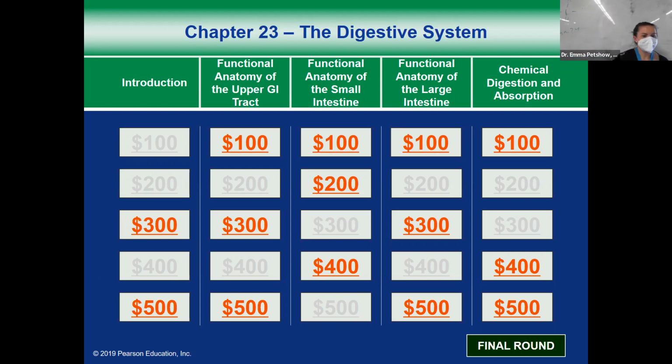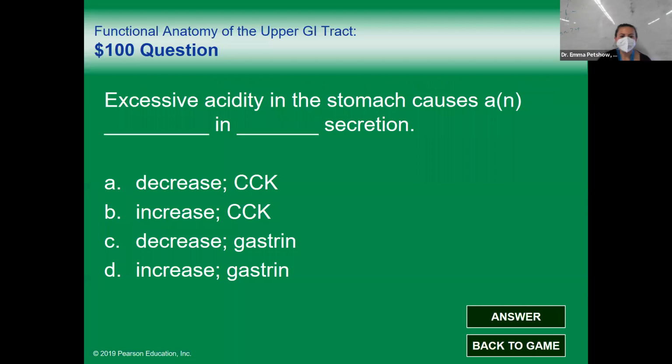Thank you. Excessive acidity in the stomach causes a what in what secretion? So you have to decide if it's going to be a decrease or an increase, and then either CCK, cholecystokinin, or gastrin. So if you have too much acid in your stomach, what is it going to do into what molecule?